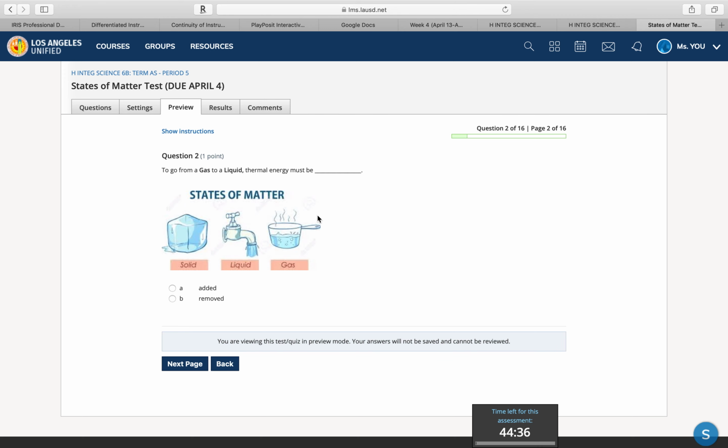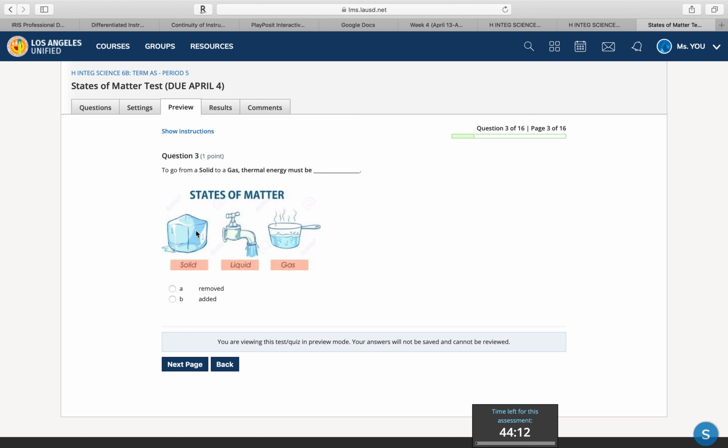Question 2, to go from a gas to a liquid. So you're going from the particles moving really fast, and now you have to make them move slower to go back to liquid. And to do that, you have to remove thermal energy. And how about to go from a solid all the way to a gas?